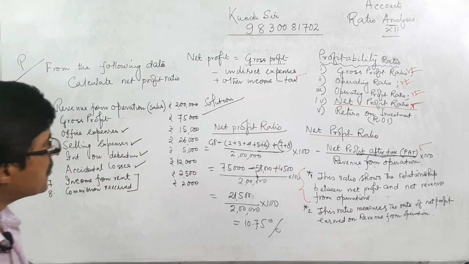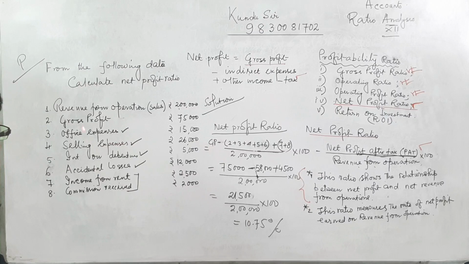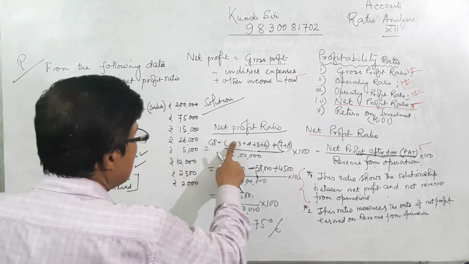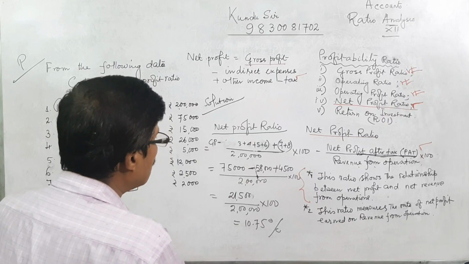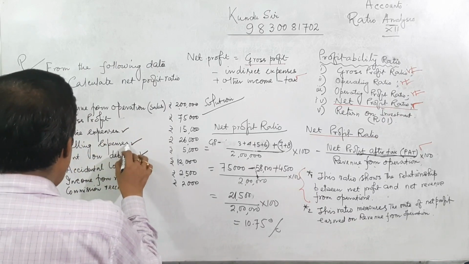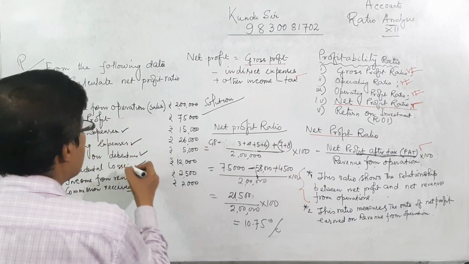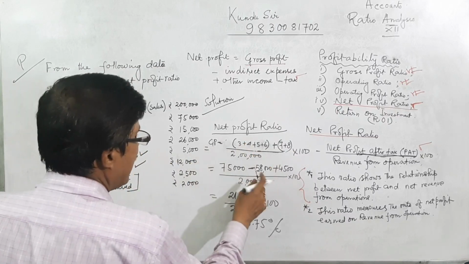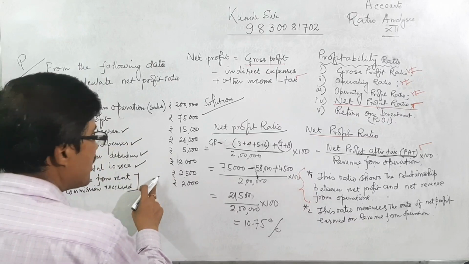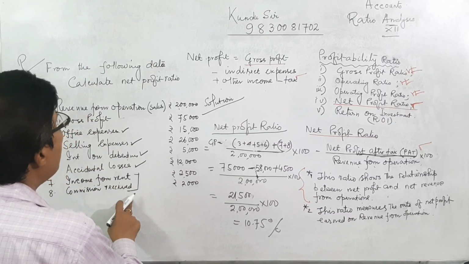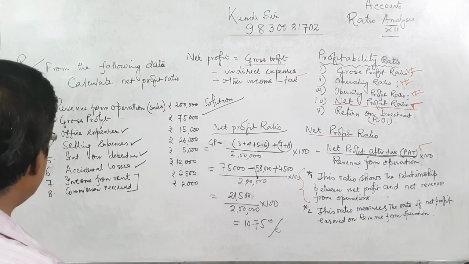Now net profit ratio equals gross profit minus indirect expenses, here indirect expenses equal 3 plus 4 plus 5 plus 6, that is 58,000, plus other income. Is there any tax figure here?